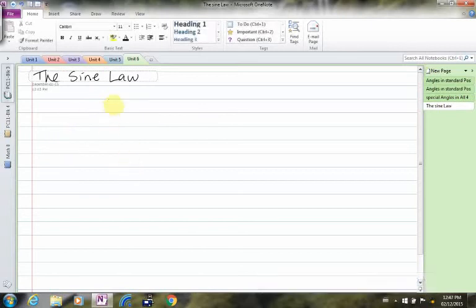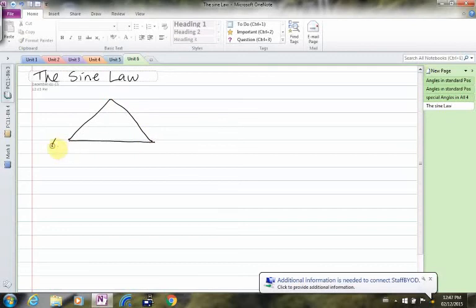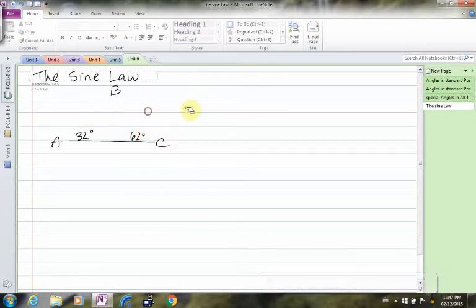Sorry. I don't want it to look like an isosceles triangle. And we know this angle is 32 degrees. This angle is 62 degrees. Okay.